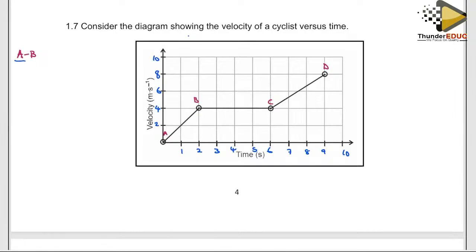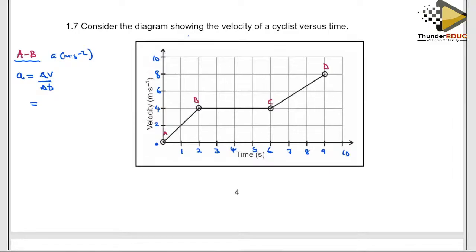So in terms of AB, I want to calculate my acceleration, right? Remember your acceleration is in meters per square second. So my a is equivalent to delta V all over delta T. Remember, it's change in velocity over change in time.